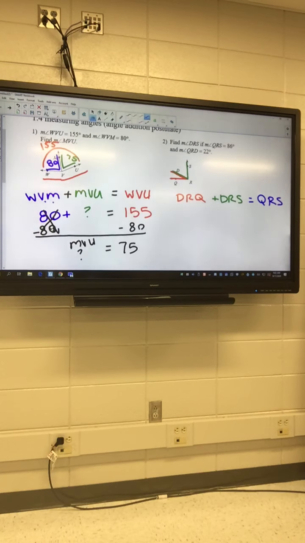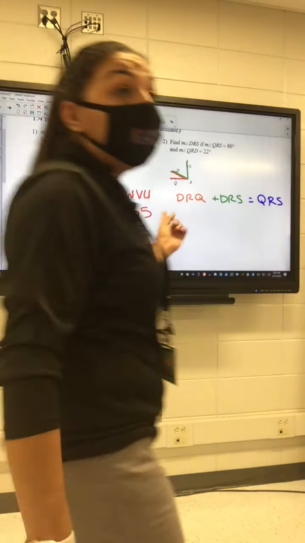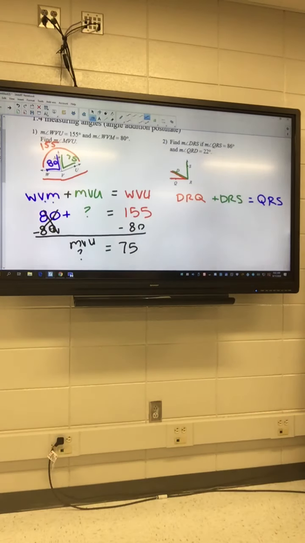Because a right angle is 90 degrees and both of those aren't 90 degrees. True. And can you tell if something's 90 degrees? What should I have on the inside? The little box. Perfect. So does it have the little box on the inside? No, so it's not a right angle, but it does look like one. So make sure if it's 90 degrees, it should have the box.